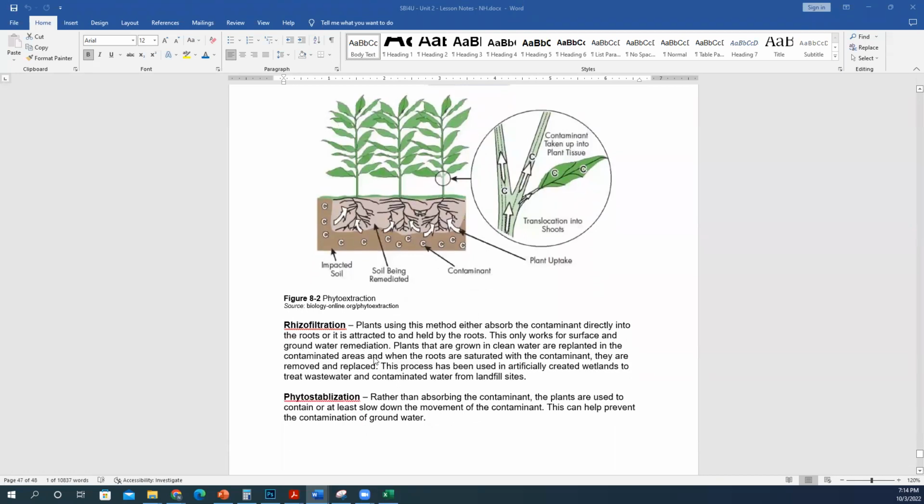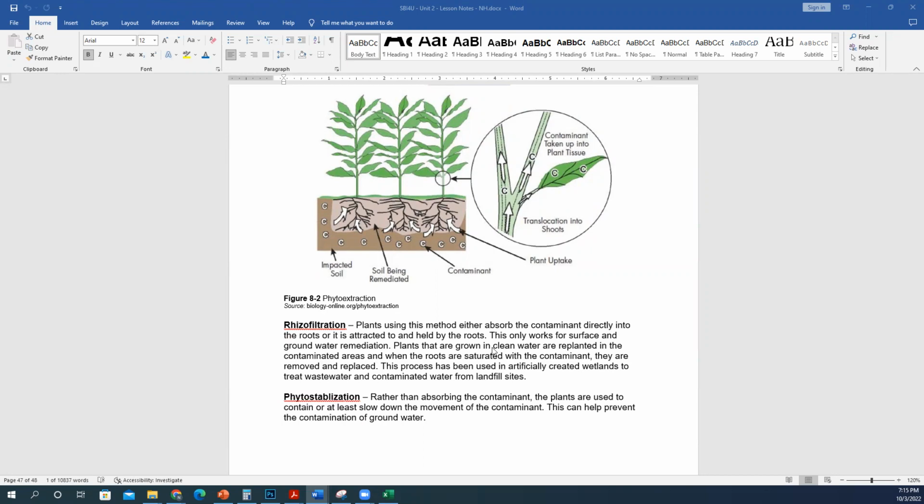Another method is called rhizofiltration, where the plant either absorbs the contaminant directly into its roots or is attracted to and held by the roots.